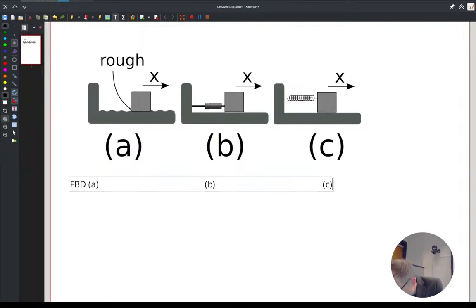All right, so what do we have acting on these? I don't know why the pen is giving me so much trouble today.